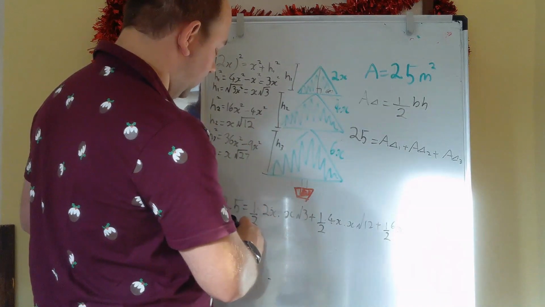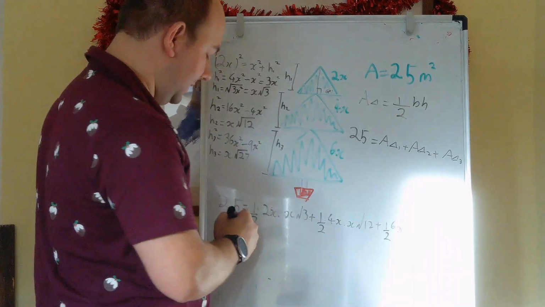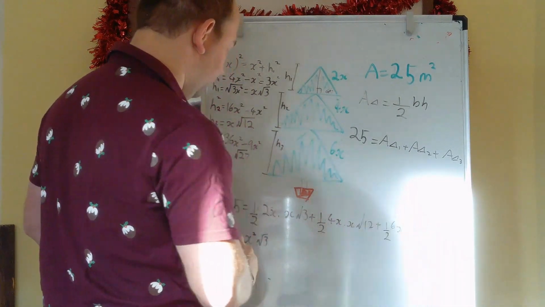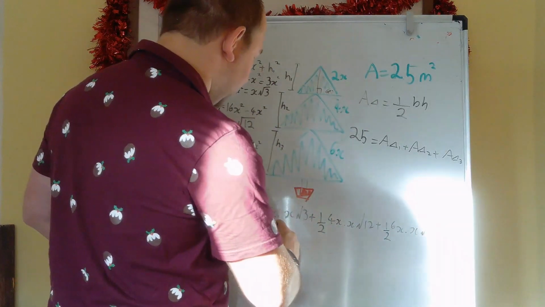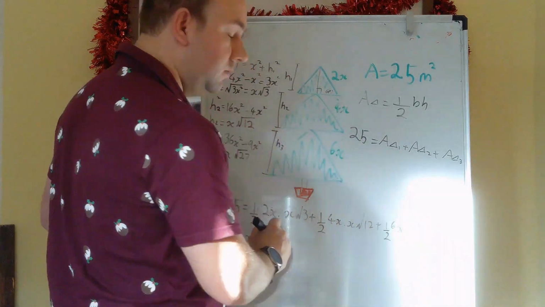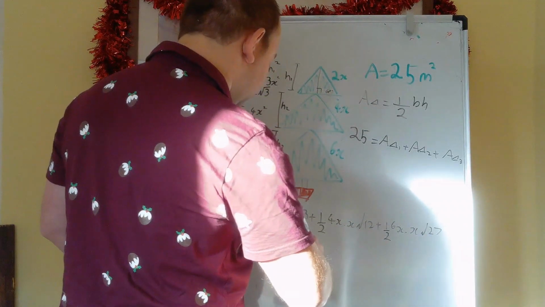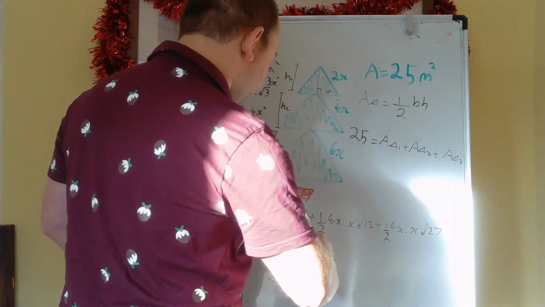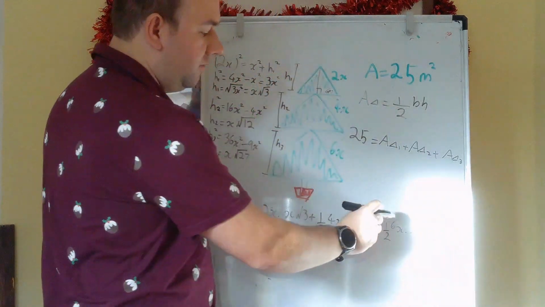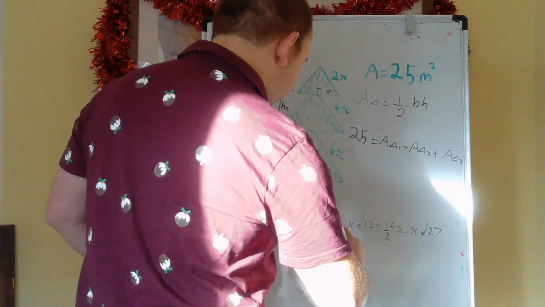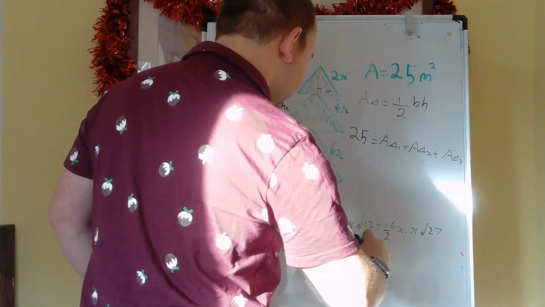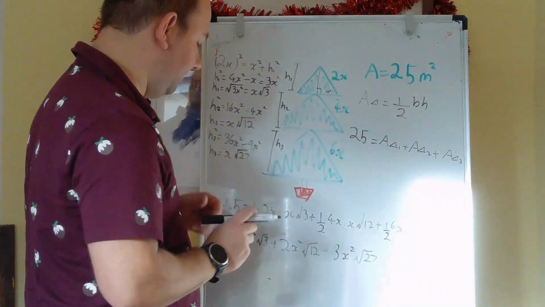So I can leave that as it is. x times x is x squared root 3, plus half of 4 is 2, x squared root 12, plus half of 6 is 3, 3x squared root 27.